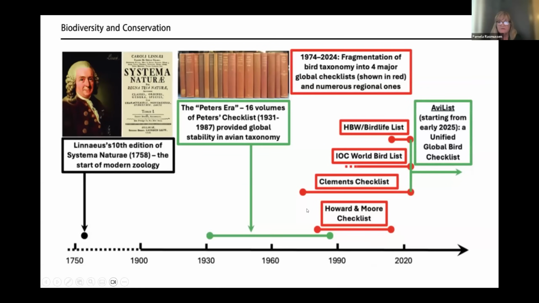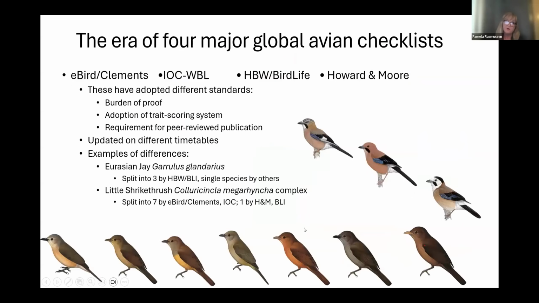Then we had a period of less stability because we had 4 major global avian checklists develop. And each of them was done by a different team, and each of them had slightly different standards in terms of what constituted the sufficient burden of proof to consider something a subspecies or a species, whether a trait scoring system was adopted, in this case with the HBW BirdLife, and whether peer-reviewed publication is necessary for enactment of a species split.